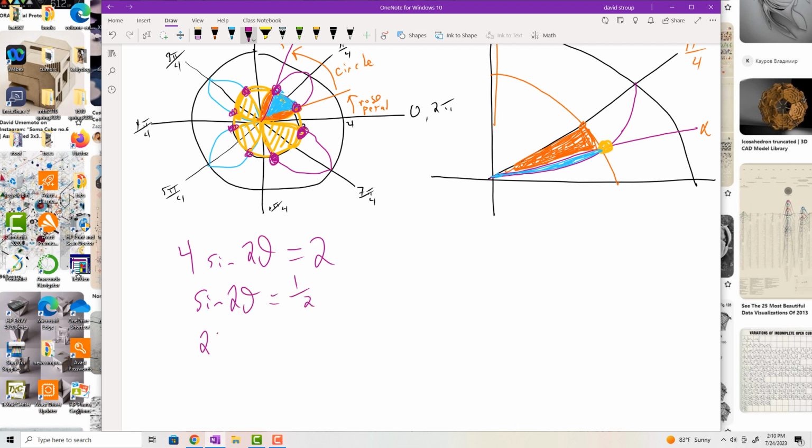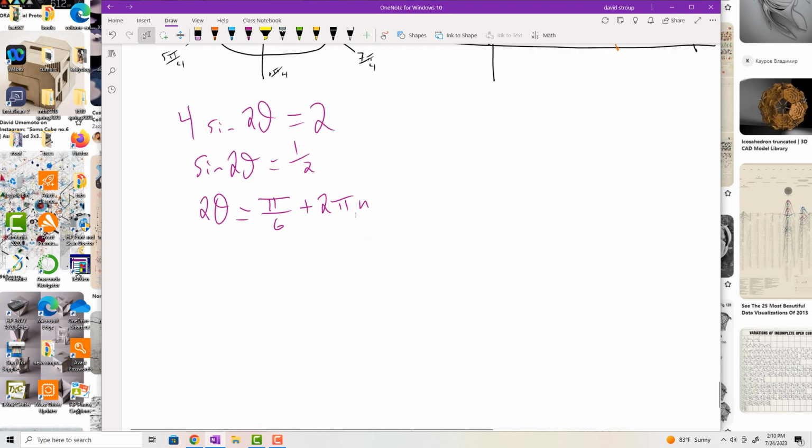So I'm looking for the angles such that the sine of those angles are equal to the reference angle that gives you the 1/2, and that reference angle is pi over 6. And then plus 2 pi n, 360 degree rotations from pi over 6. But there's also other ones, right? So that's just the one positive angle. The other positive angle in between 0 and 2 pi would be at 5 pi over 6.